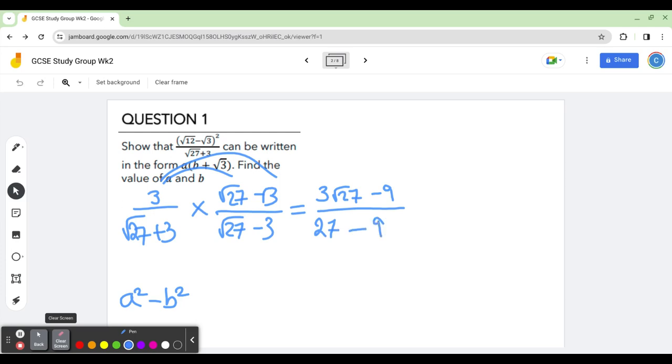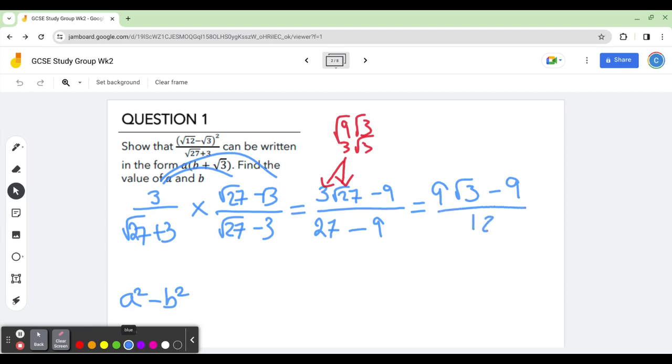So I end up with, I'm going to simplify that root 27 there, that's root 9 times root 3, which is 3 root 3, and don't forget I've got to times by that 3, so I end up with 9 root 3. So I end up with 9 root 3 minus 9 over 18.